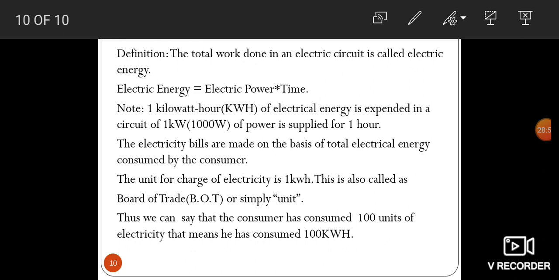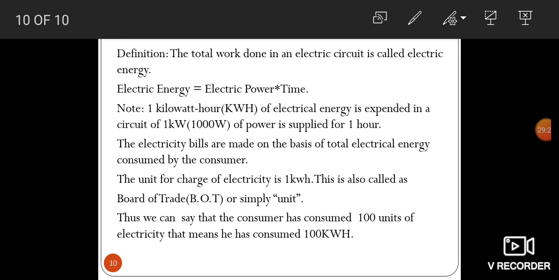So kilowatt hour is for the DC load, whereas kVAh is for the AC load. Whenever we study AC circuits and AC loads, we will understand what inductance and capacitance are. These are also a type of opposition offered to the flow of current, known as reactance.